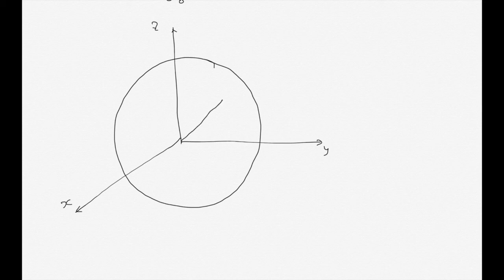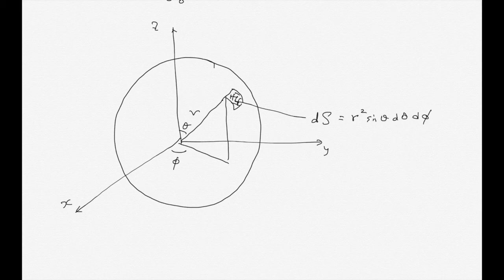Instead of Cartesian coordinate, as I explained, it's really convenient to use a spherical coordinate and take a really small area. This small area is expressed ds. Magnitude of ds is given by r squared sine theta d theta d phi. This is the area of this small region. So usually this is the magnitude of the surface area.